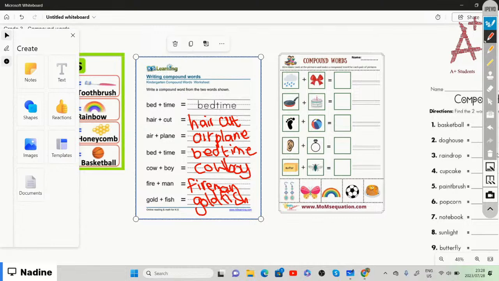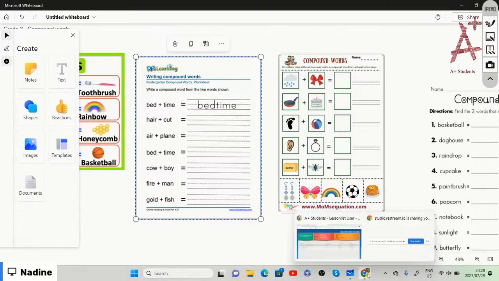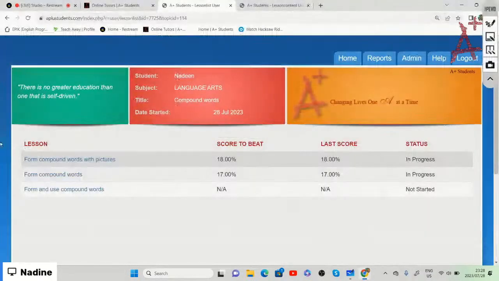Now let's go back to the tutorial lesson. We see that we are doing the chapter of compound words, and compound words are two small words that we combine in order to form a compound word.